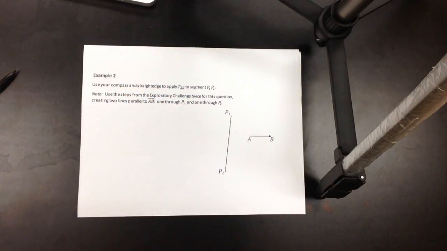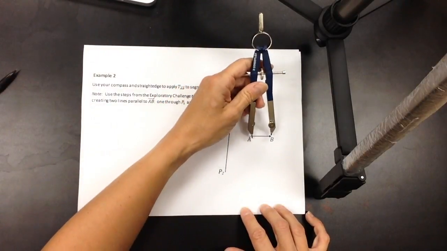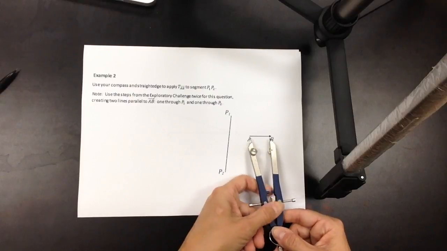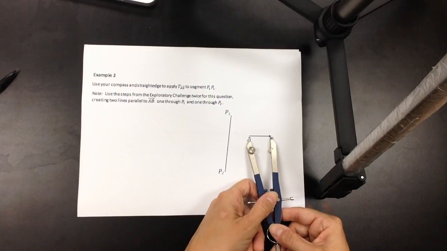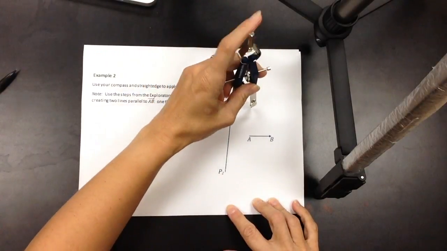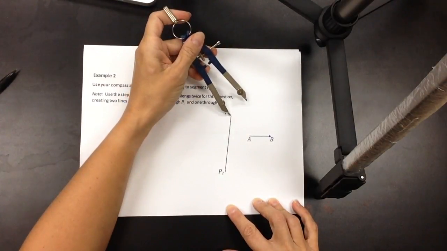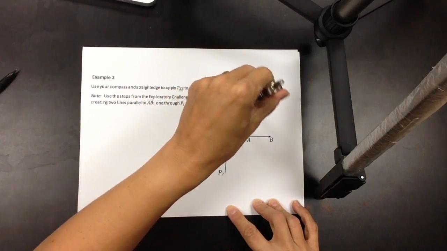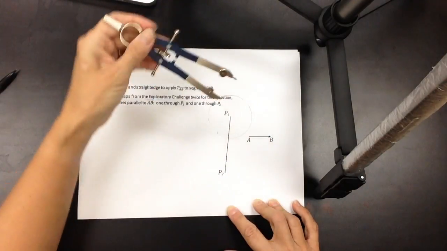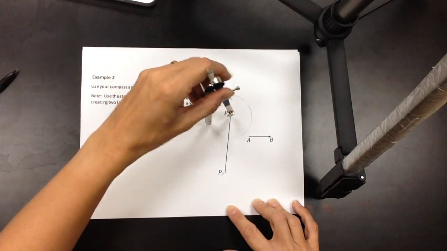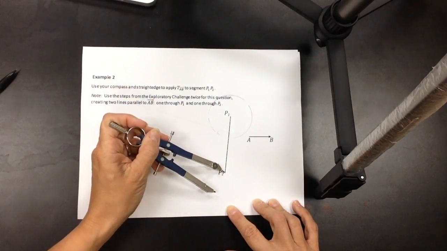All right, the first thing I'm going to do is draw a circle, the radius of AB, through P1. Oh, see, it happens to me too. And one through P2.